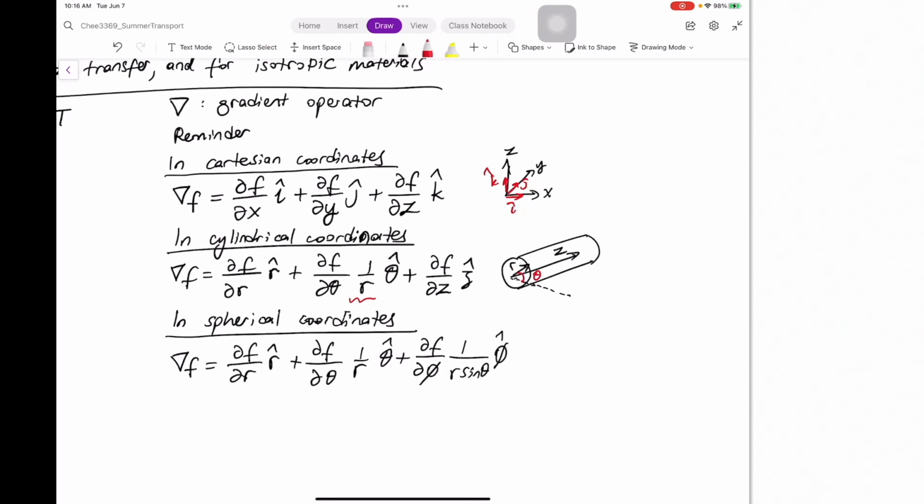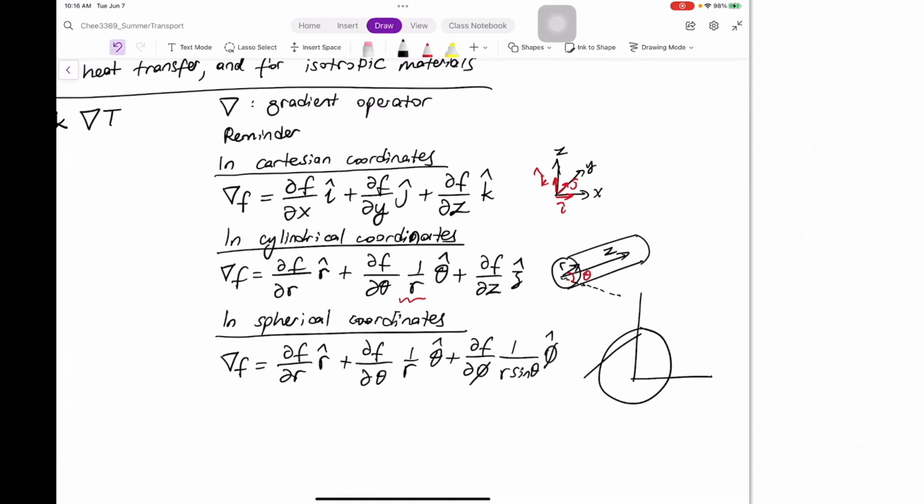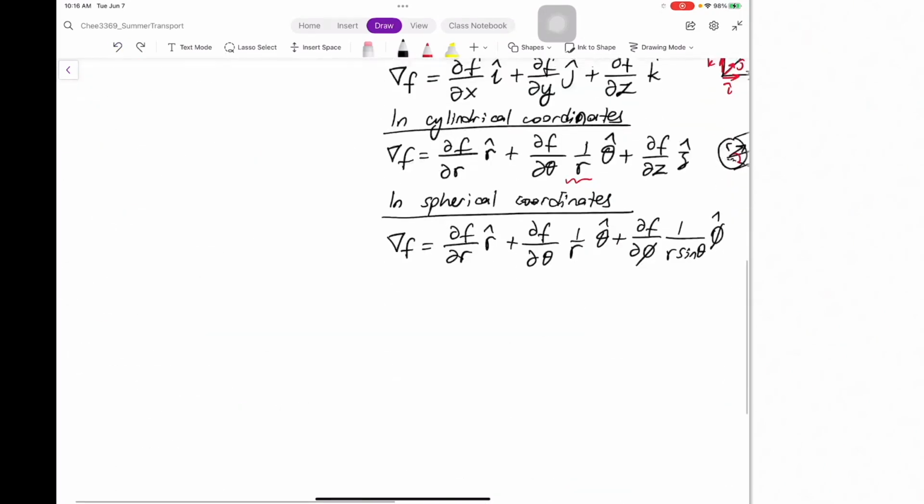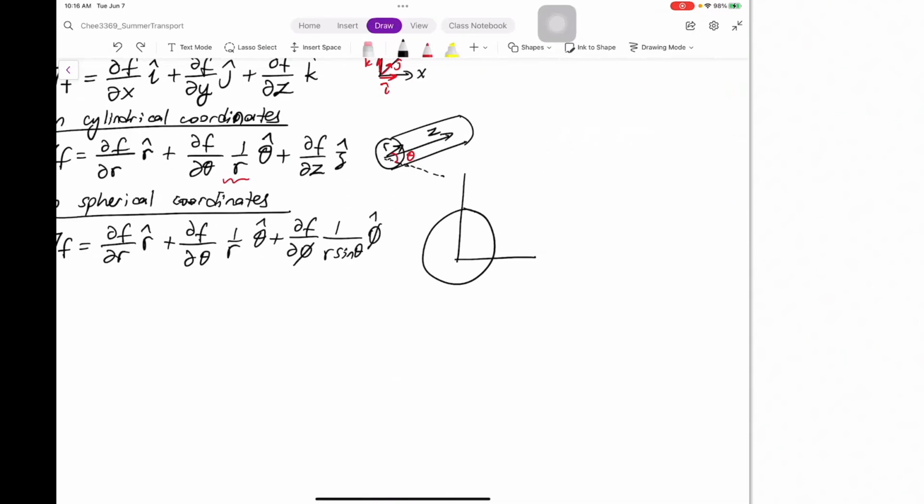And in spherical coordinates, this looks like this. Any point here is denoted by r.